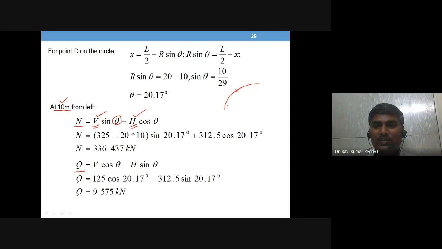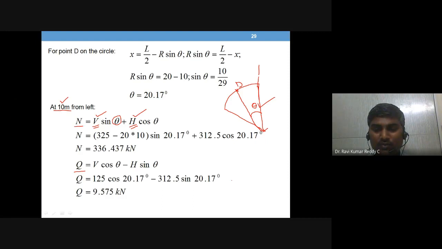This circular arch has some radius and a center point, center C. With this vertical line, if this is the chosen point, say D, and you join it to the center, the angle made by this line with respect to the vertical we call theta.